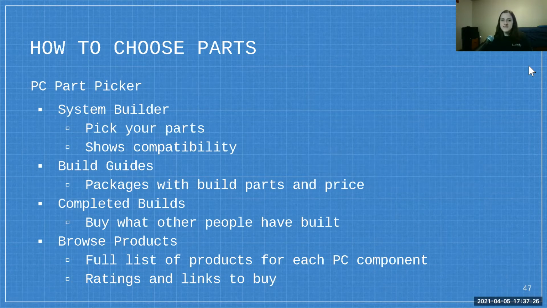So there's this great site called PC Part Picker, and it has 4 different sections within the site. There's a section for the system builder, which allows you to pick all of your parts. It'll show up on the left-hand side of the screen with CPU, memory, storage, all of that stuff that we went over in the last video, and we'll be going by those categories today.